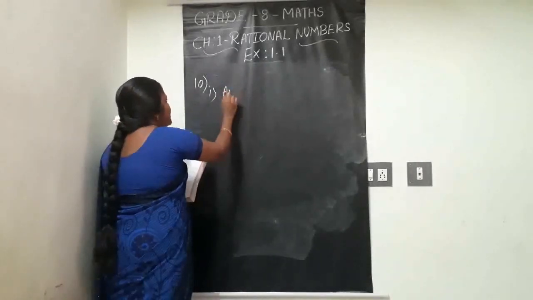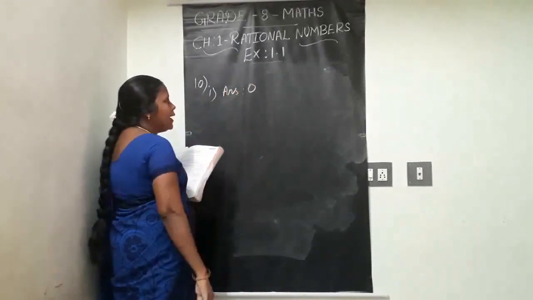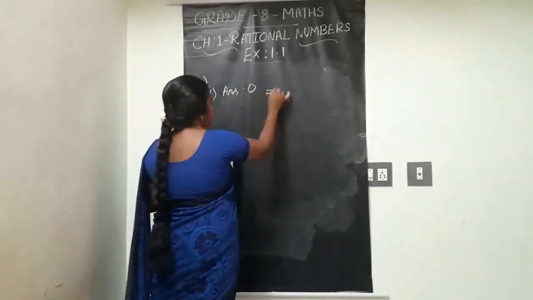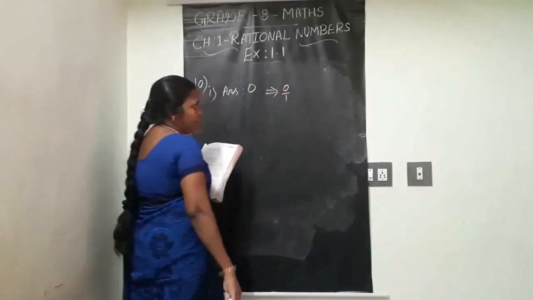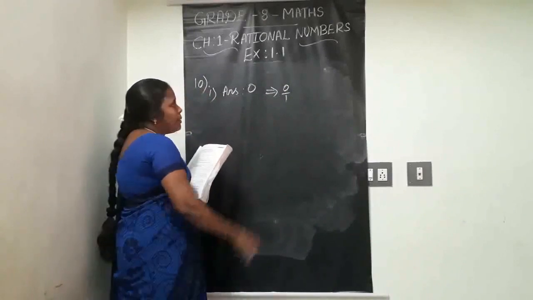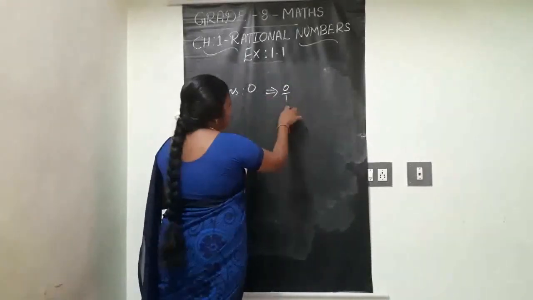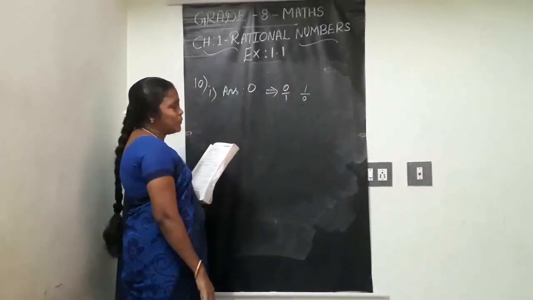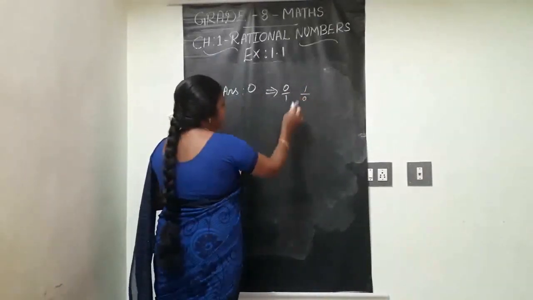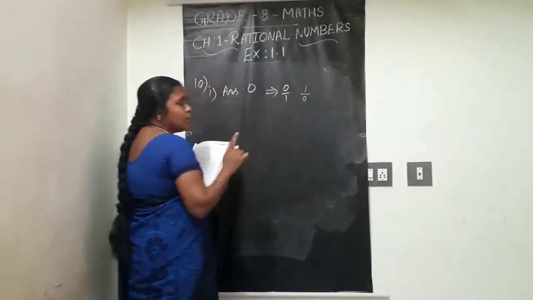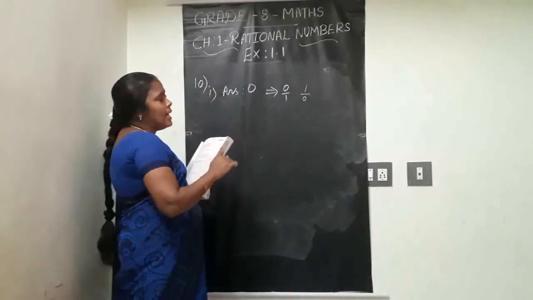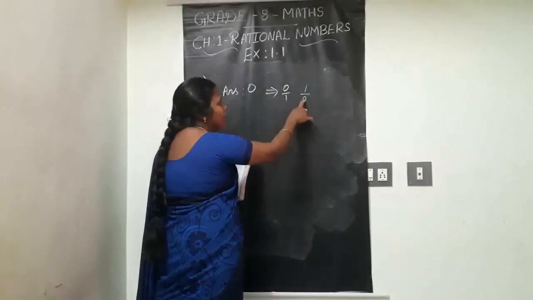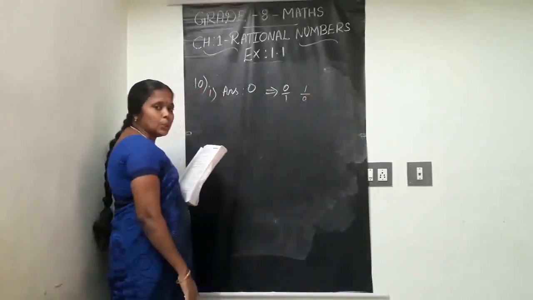Answer is 0 only. Why? 0 is a rational number. 0 by 1 we can write. But what is its reciprocal? 1 by 0. Can you write like this? No, it should not be written like this. Why? I told this while discussing 0 itself. As per the definition of a rational number, the denominator should not be 0.